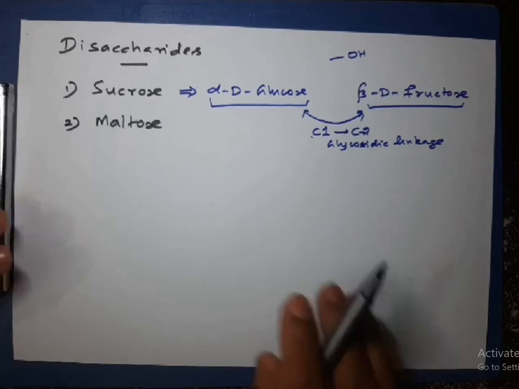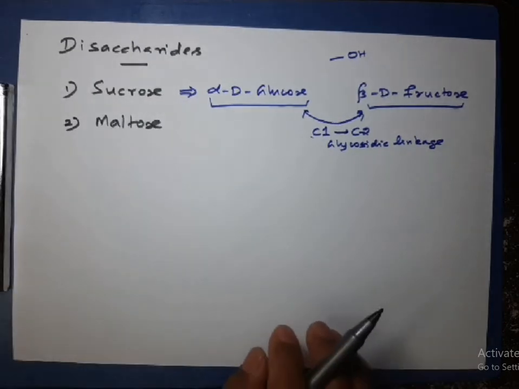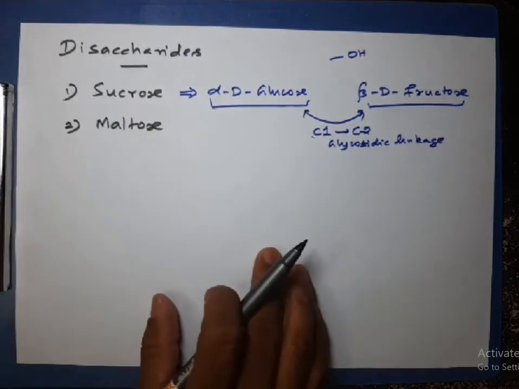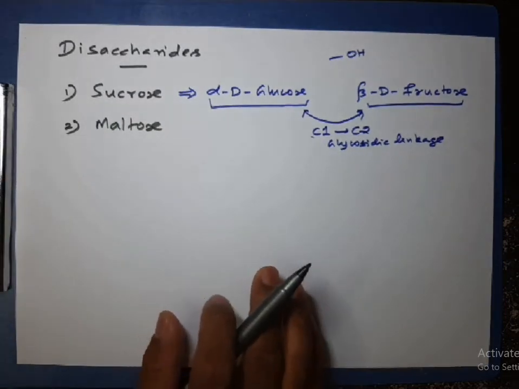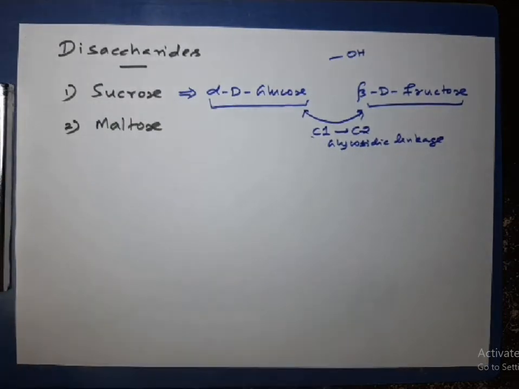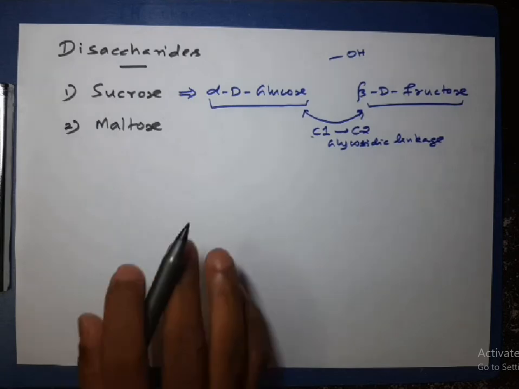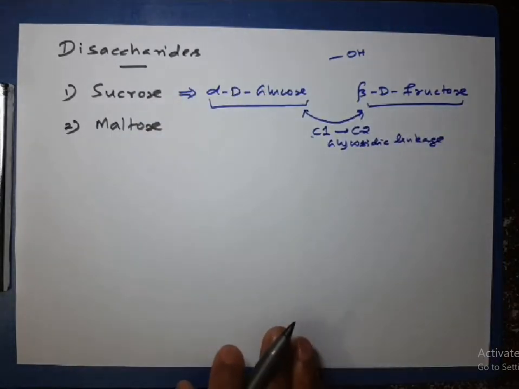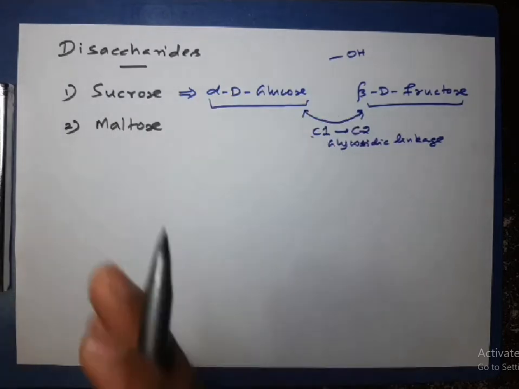Therefore, the ring cannot be opened. So this sucrose is a non-reducing sugar, because the ring cannot be opened, so a free aldehyde group will never form. We discussed this in the last class, and I have also told you about invert sugar and all.